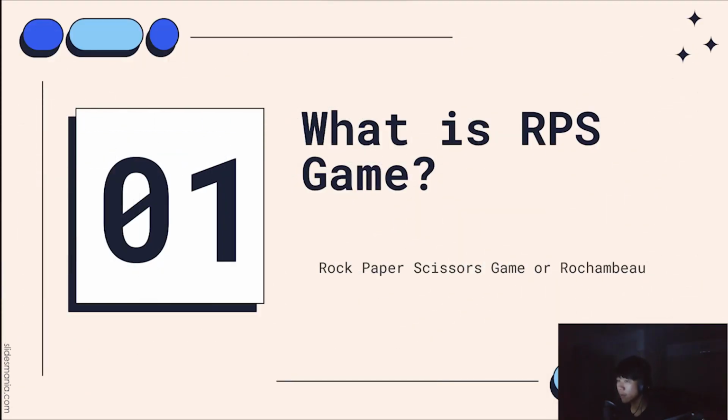So what is the rock, paper and scissors game? I know that you all know about that game, but I just want to describe it a bit. Rock, paper, scissors is a hand game usually played between two people, in which each player simultaneously forms one of three shapes with an outstretched hand.